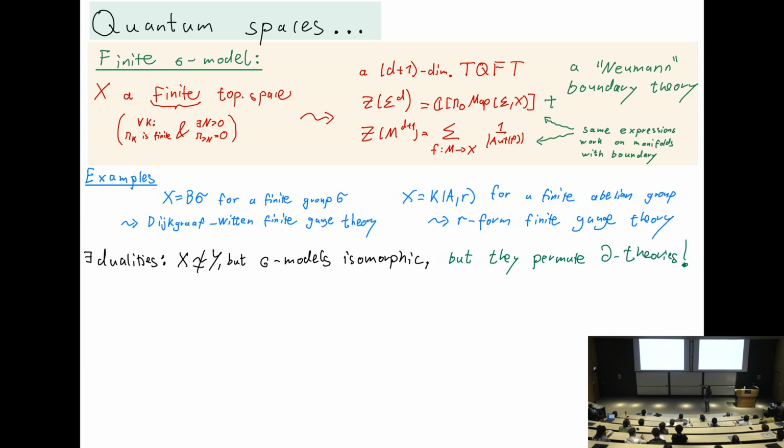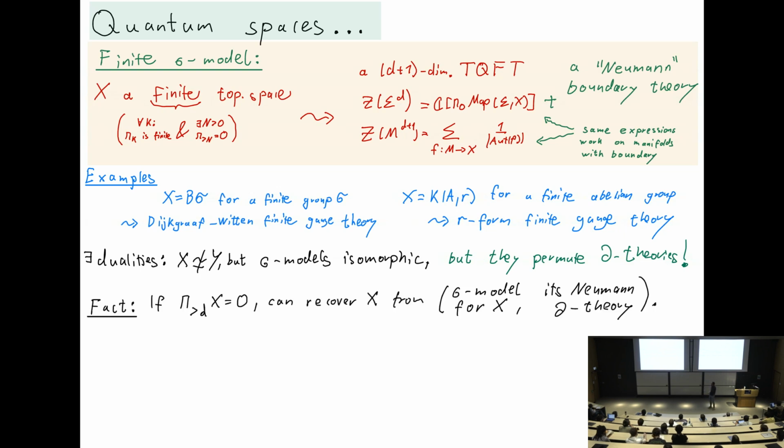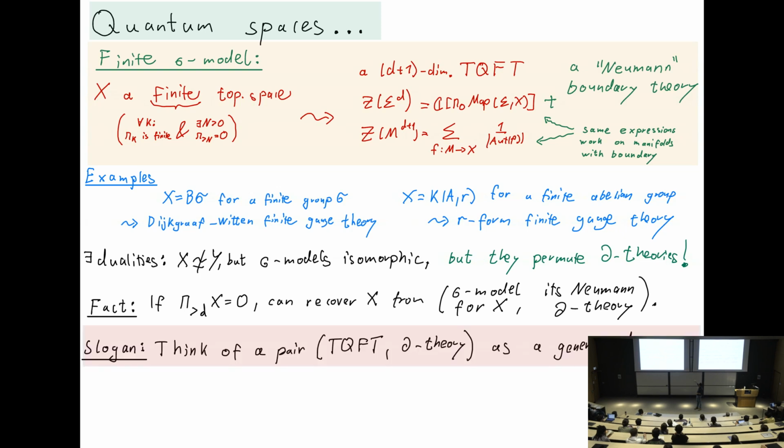And the key statement is that while these sigma models can be isomorphic, these isomorphisms will permute the boundary theories. And in fact, if the higher homotopy groups of my space X, so I don't see the very high homotopy groups, but if those are 0, then I can actually recover my space X from the pair of the TQFT and the boundary condition. And whenever something like this happens in mathematics, what you would say is, well, okay, then spaces, or at least these spaces which have only low-dimensional homotopy groups, are a subclass of these pairs of TQFT and a boundary theory.